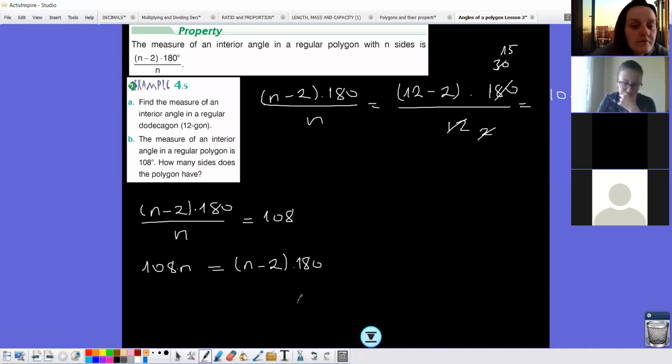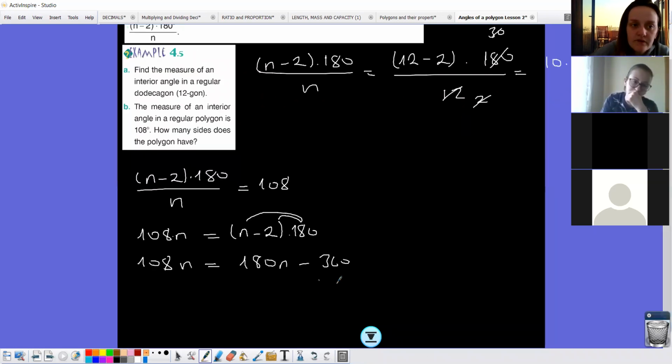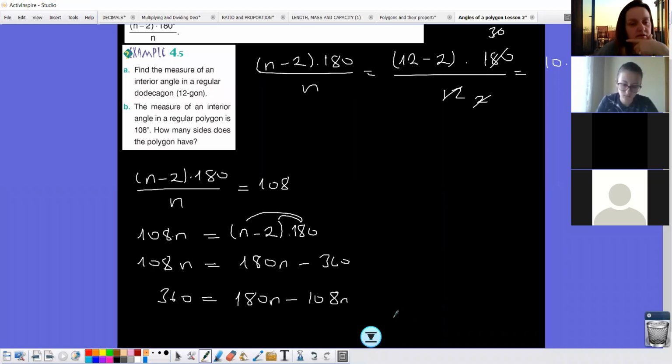So we have 108n is equal to 180n minus 360. So 360 is equal to 180n minus 108n, 360 is equal to 72n.